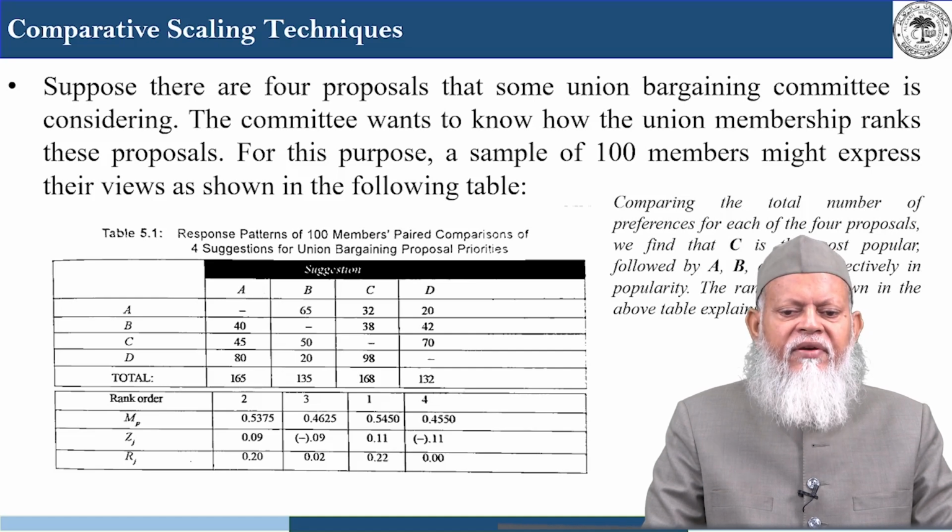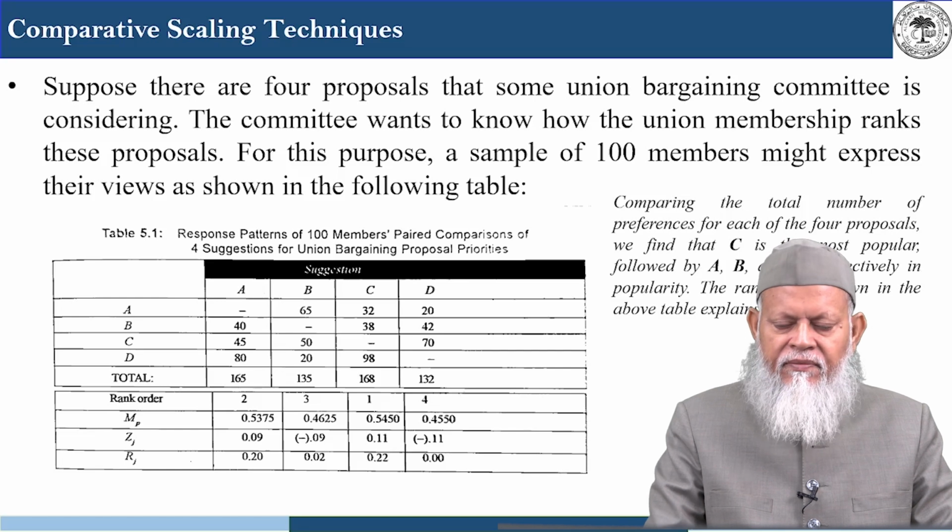And if we add 0.11 to the 0.11 already in the C column, then we have the Rj score as 0.22. So now we observe that for all the stimuli we have collected the Rj values in this way, giving them equal intervals.